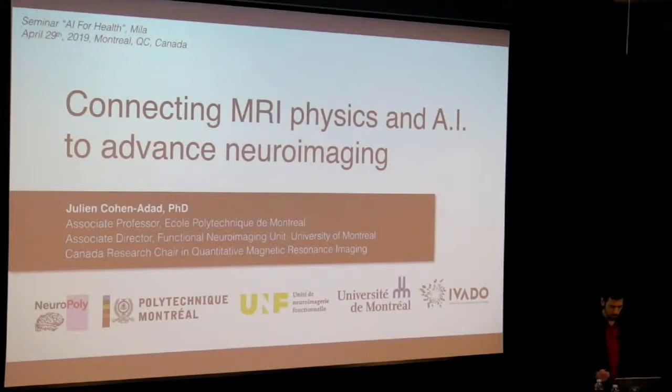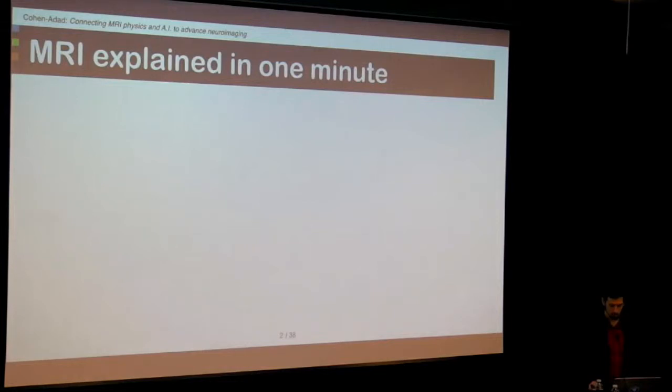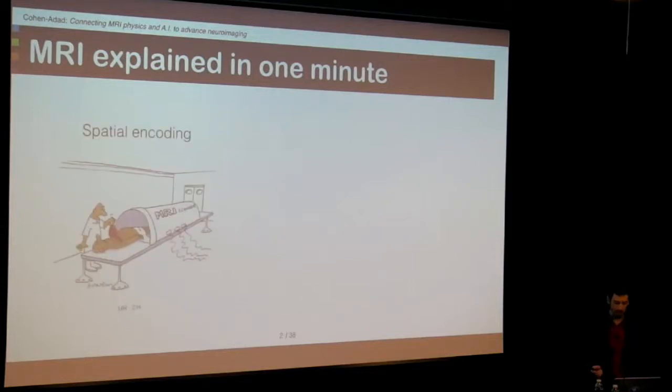So what stands behind MRI? Magnetic resonance imaging. What is MRI? Let's try to explain how that works in 1 minute. I've been spending years trying to understand how MRI works, so let's try to make a 1 minute thought. The first aspect with MRI is that it's an imaging technique.